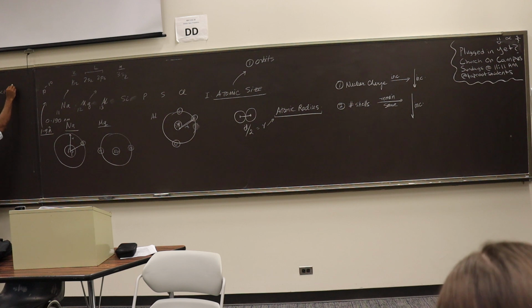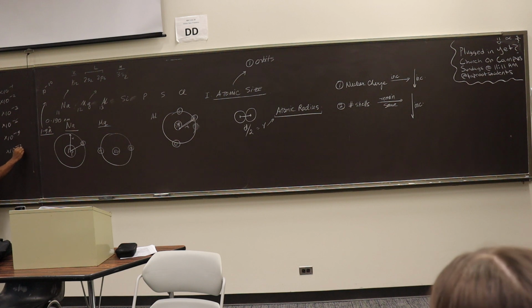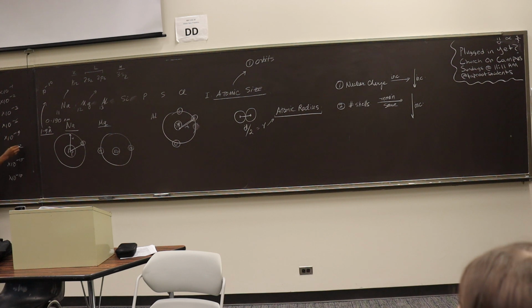So this means -1, -2, -3, -6, -9, -12, -15, -18. So this is 1, 2, 3. We don't have a 4 or 5. So from here, it goes in multiples of 3.